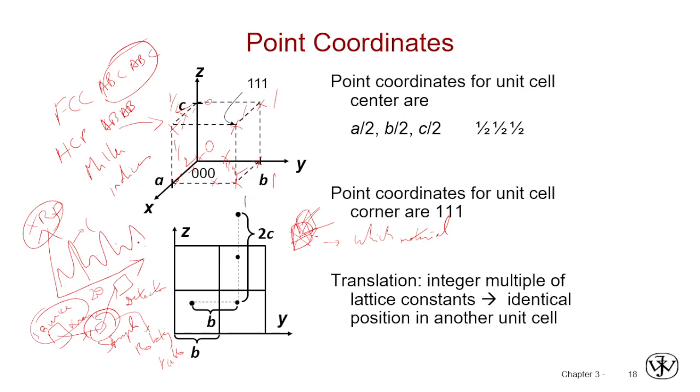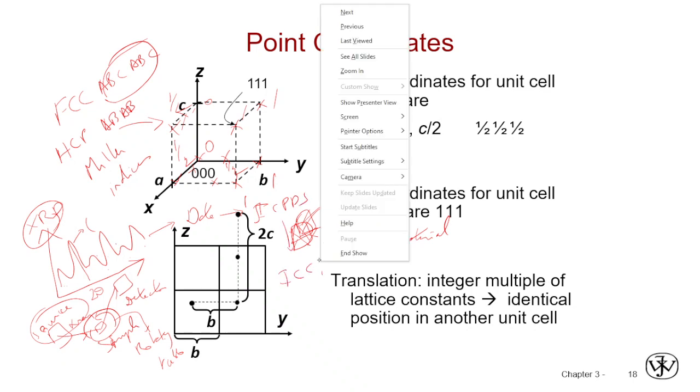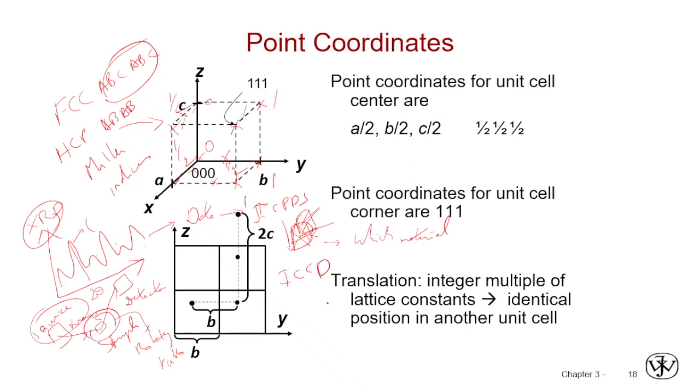So they have this standard data on some standard websites, known as JCPDS and ICDD.